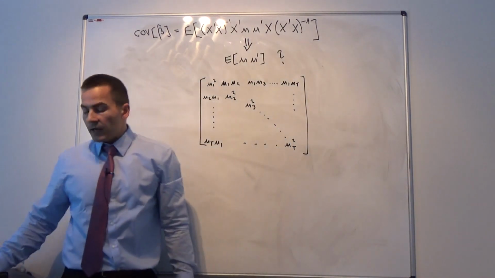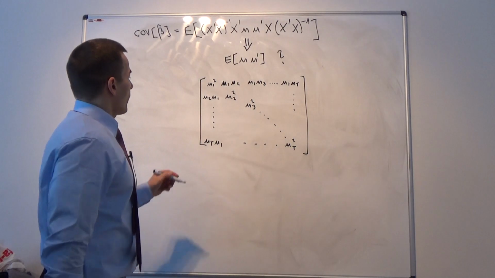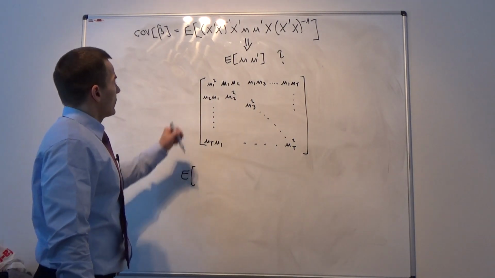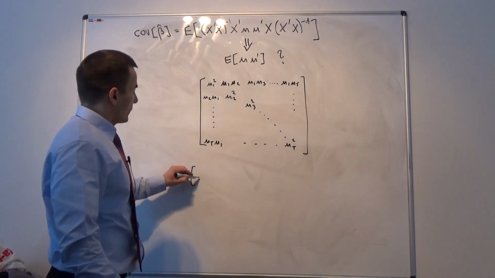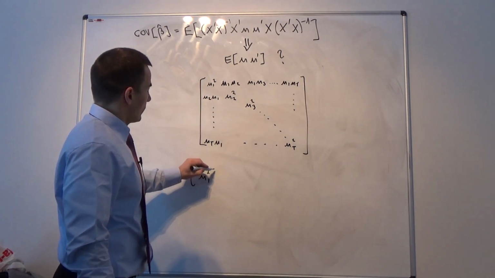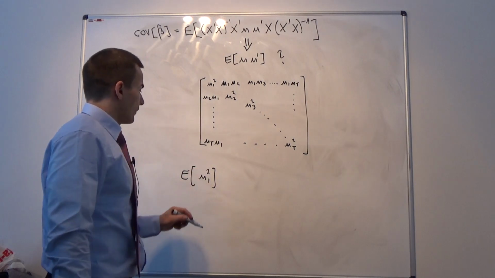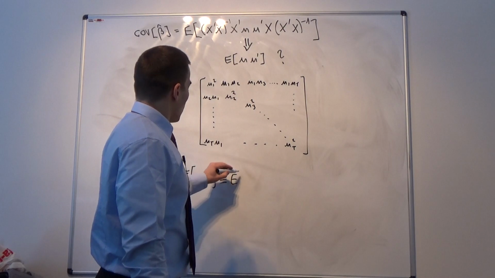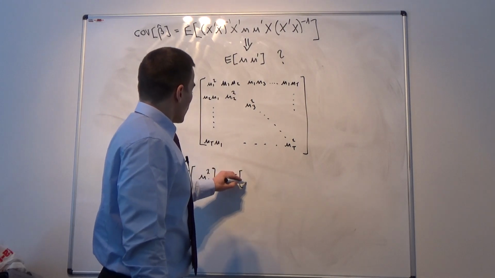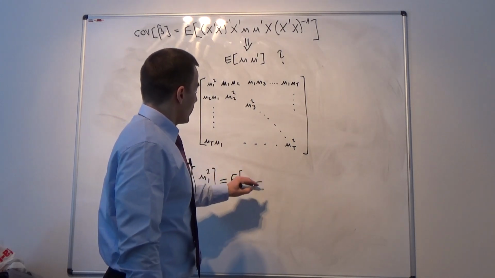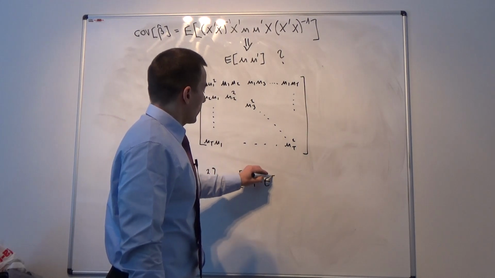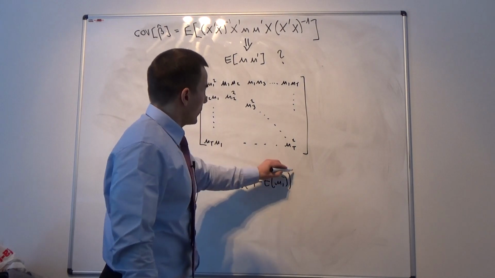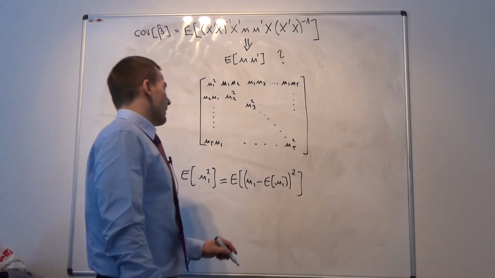So the question arises, what's the expectation of the first element on the main diagonal, the expectation of u1 squared? We can rewrite it as the expectation of u1 minus the expectation of u1, squared.